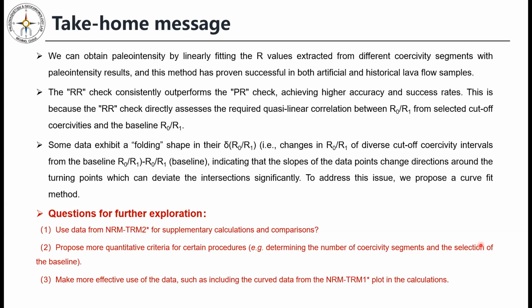Also, we note that the noise at higher AF demagnetization levels is quite large, and it will affect the process where we find the intersections. So we are currently trying to solve these problems. This is for the first question.